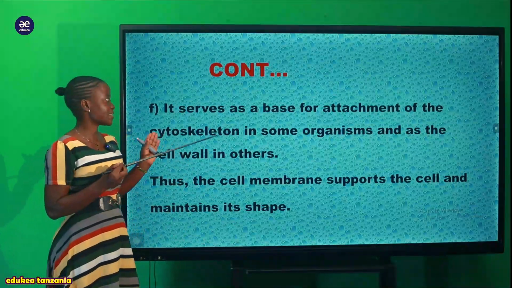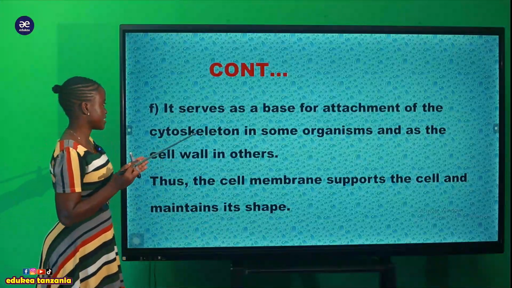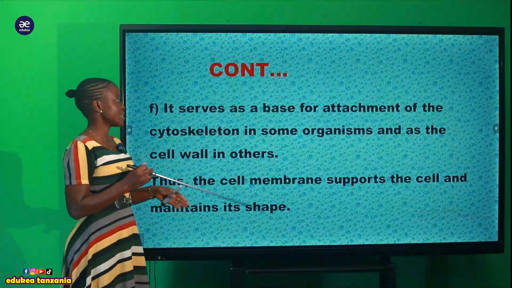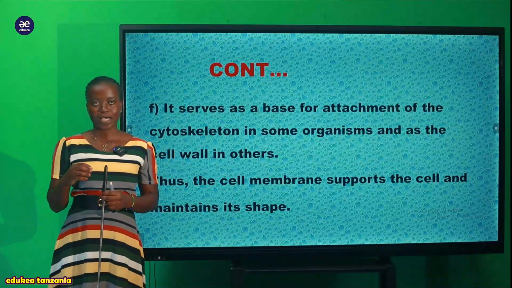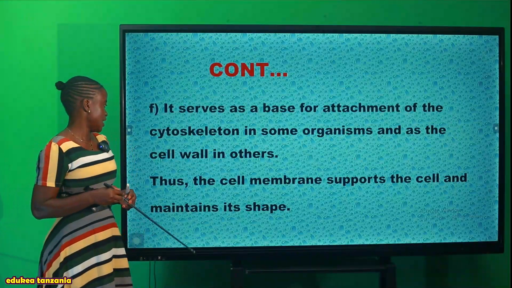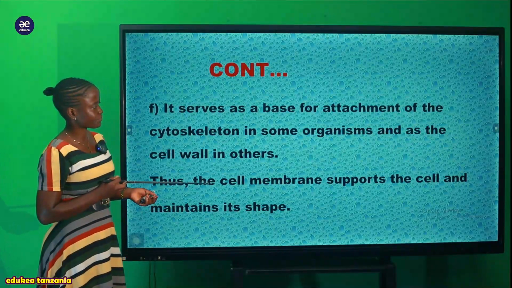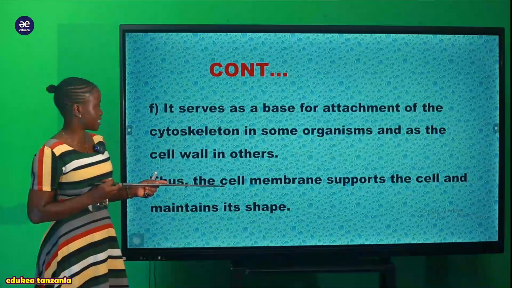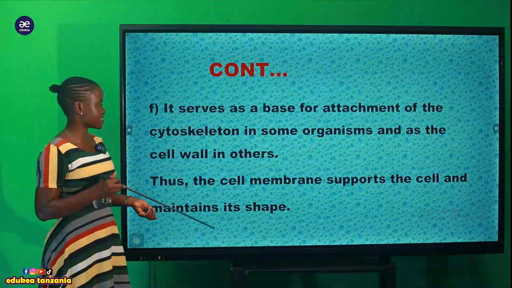So in different kinds of organisms, the cell membrane acts as the cytoskeleton in some organisms and as the cell wall in other organisms. And thus the cell membrane supports the cell and maintains its shape.